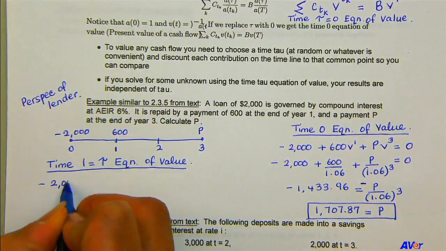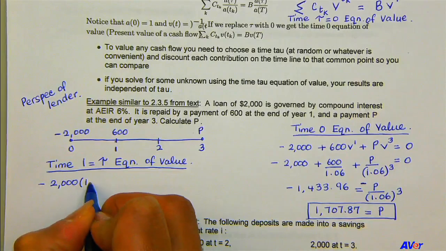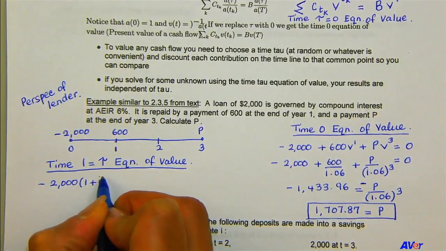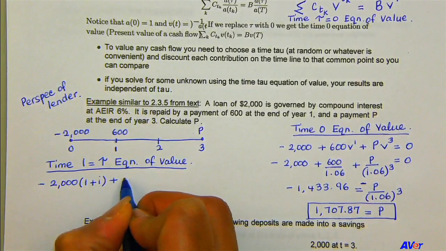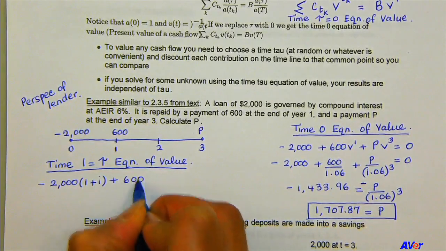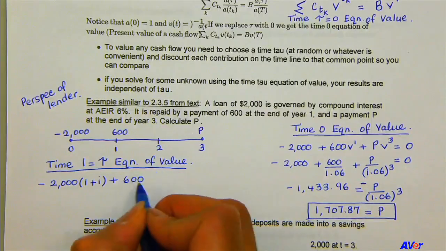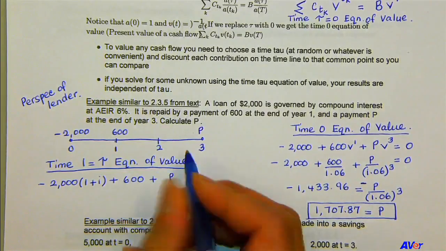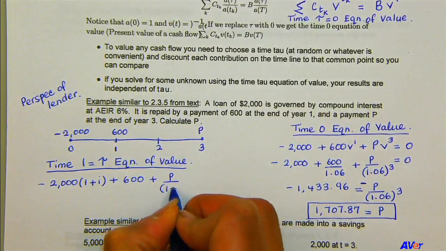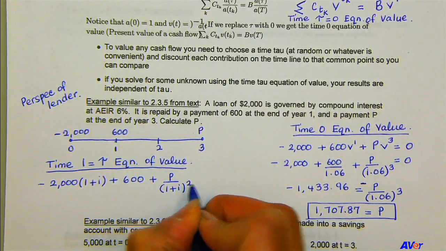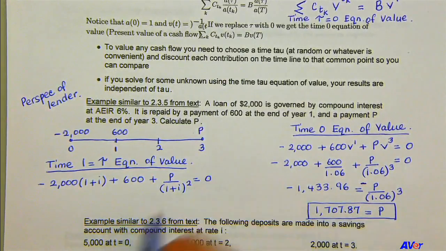Minus 2,000 times 1 plus i, plus 600. 600 is already sitting at time 1, so I don't have to do anything to that. Plus P over 1 plus i squared equals 0.